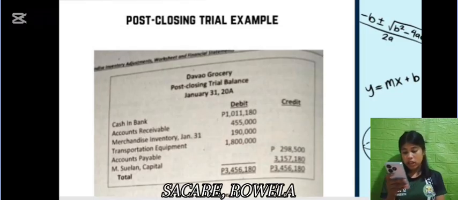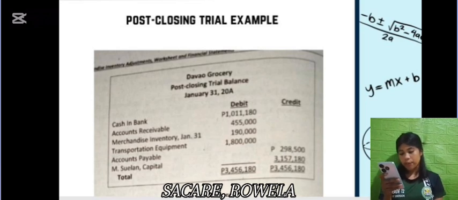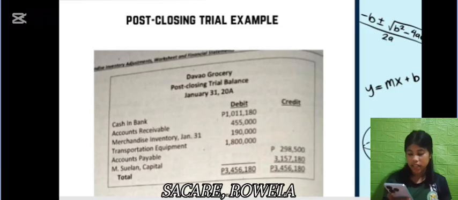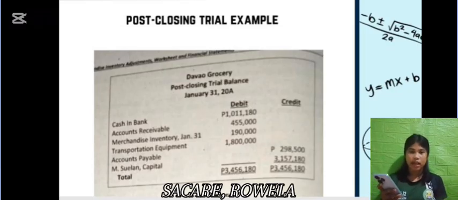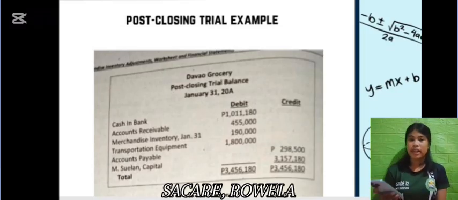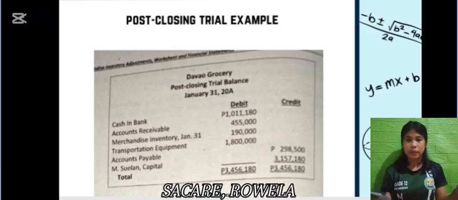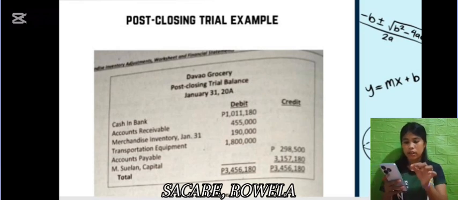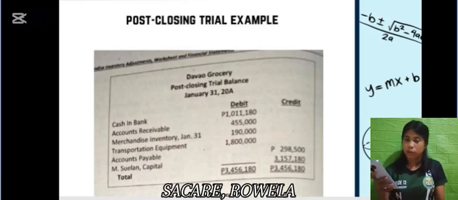The total of credit for liabilities and owner's equity is also same ra sa debit na 3,456,180. So same ra man siya, so wala na mali sa pagtotal kay ang post-closing trial balance kailangan same ang sa debit ug sa credit. Kung dili siya same, mali ang inyong pagtotal. Kay same man siya, tama ang pagtotal.